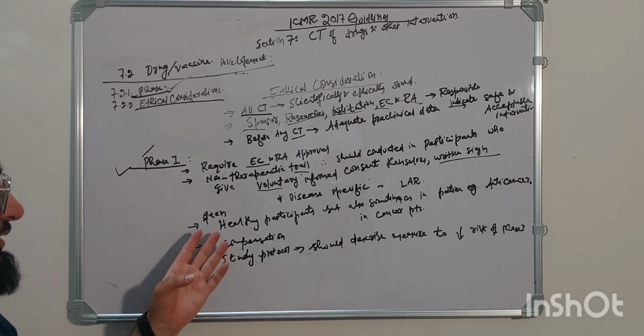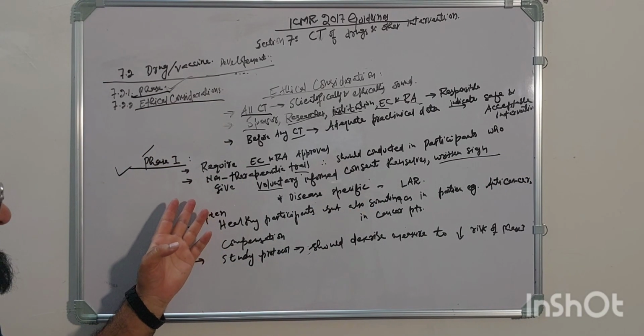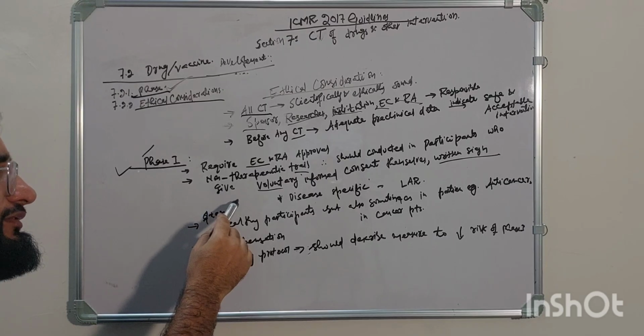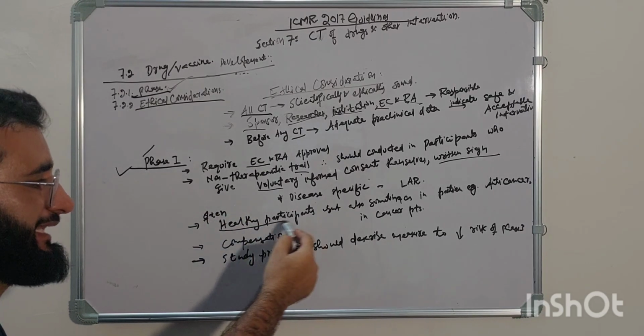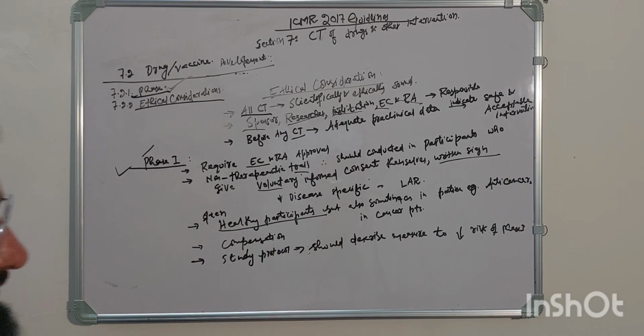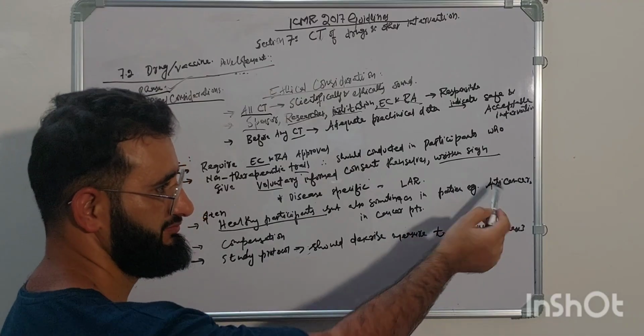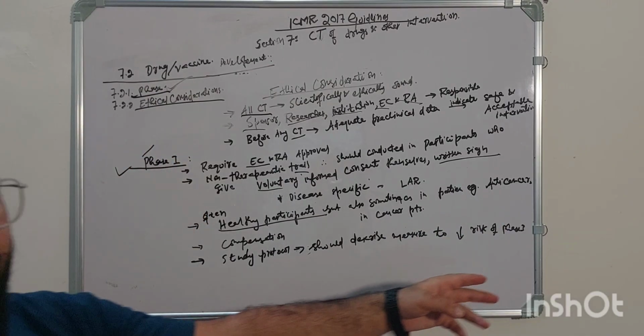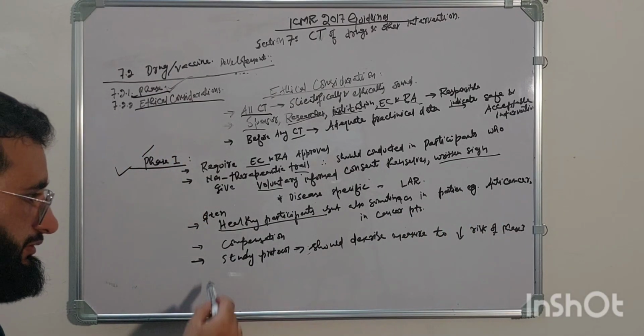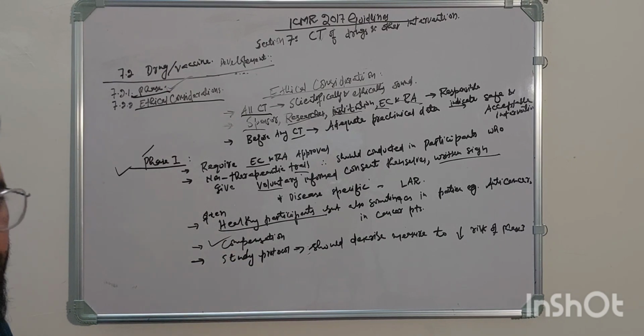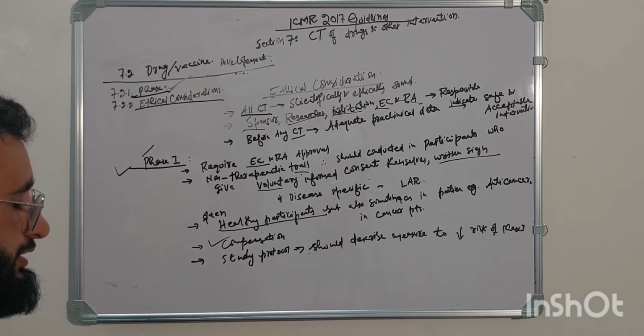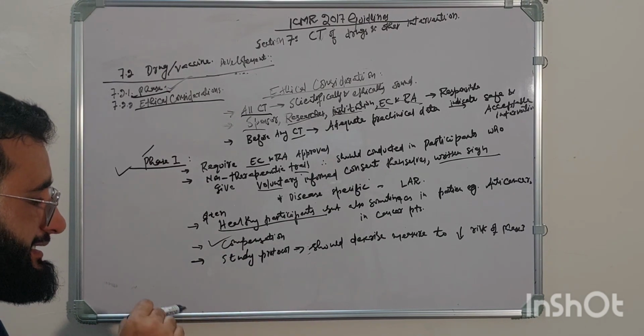Also, this phase 1 is often in healthy participants, but sometimes it can be conducted in patients, like a clinical trial of anti-cancer drugs in cancer patients. And compensation should be given to the participants.